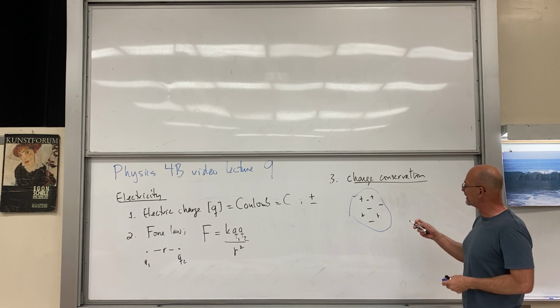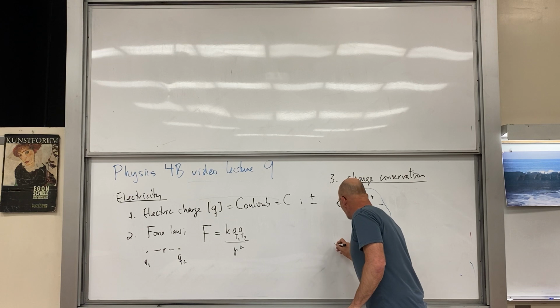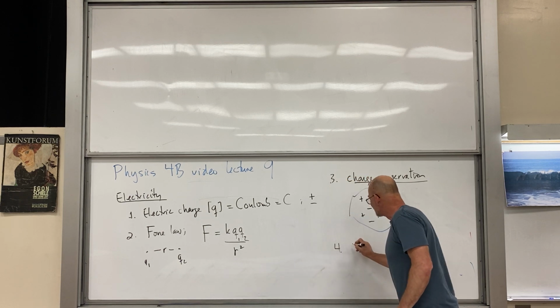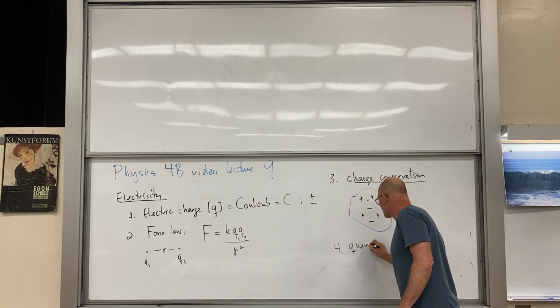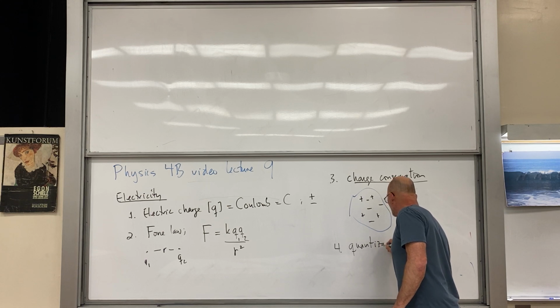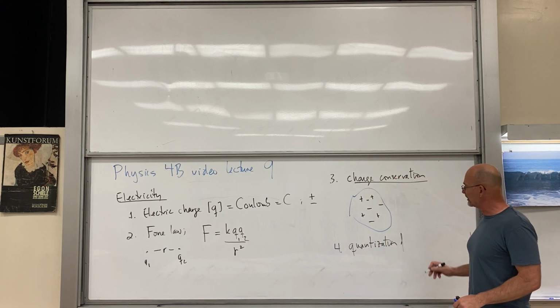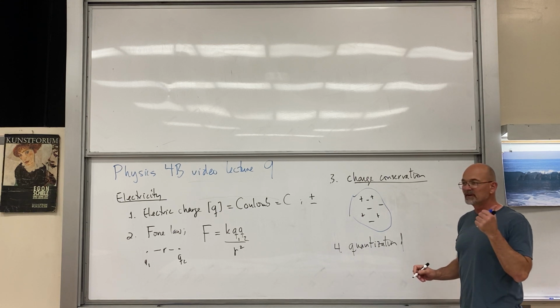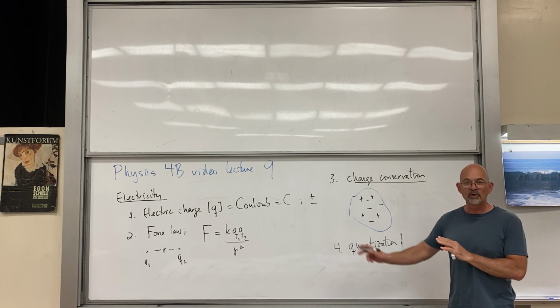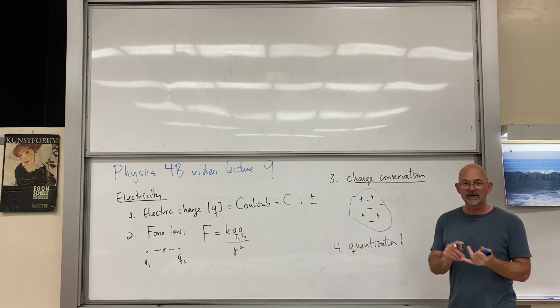See what the book has to say about that. And then there's the quantization of charge. So we have these elementary charges of positive and negative e. I wrote those up on the board last time, the electron and proton charge.